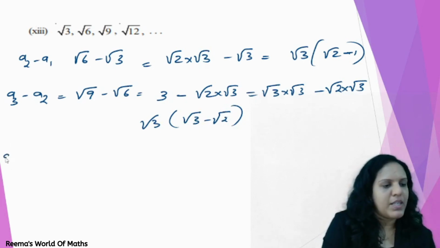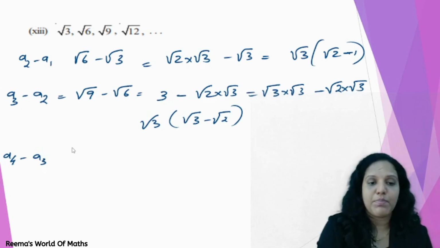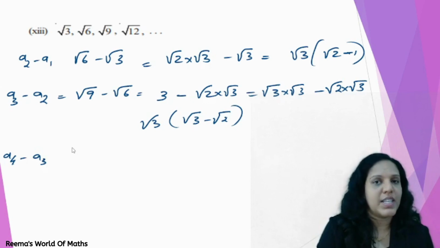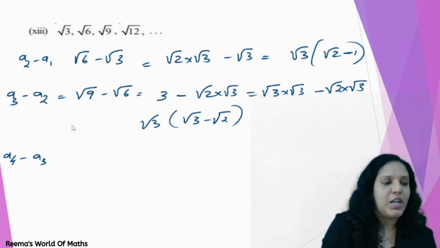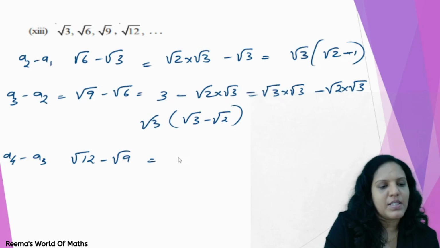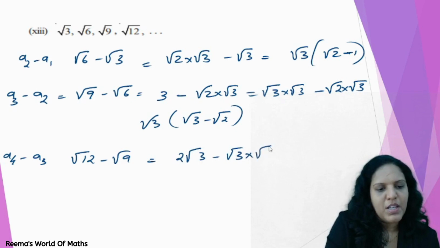Let's see A4 minus A3. We know this is not an AP because already the difference between the first two terms and the second and third terms is not common. It's not the same. Still, let's see again: square root of 12 minus square root of 9. Square root of 12 can be written as 2 square root of 3, minus square root of 9 which is 3, which can be written as square root of 3 multiplied by square root of 3.